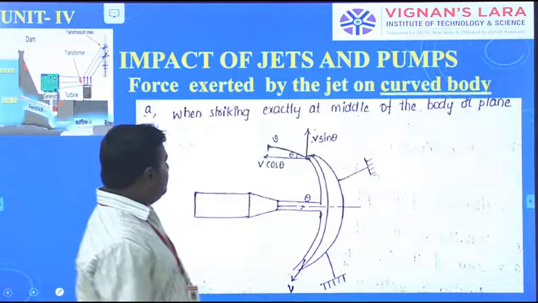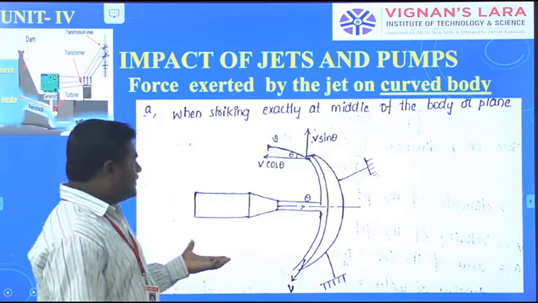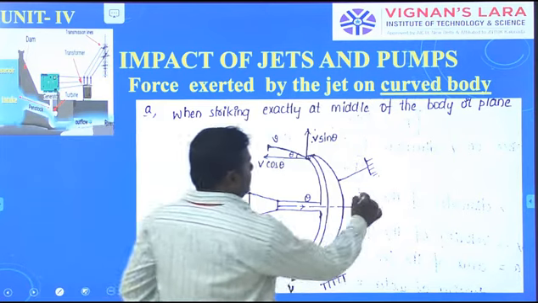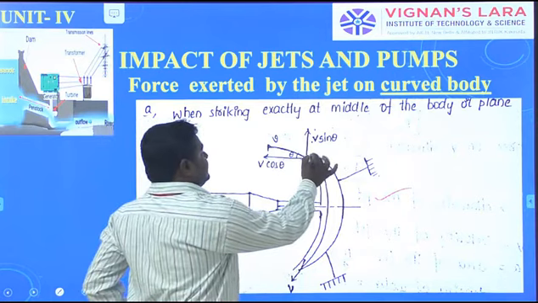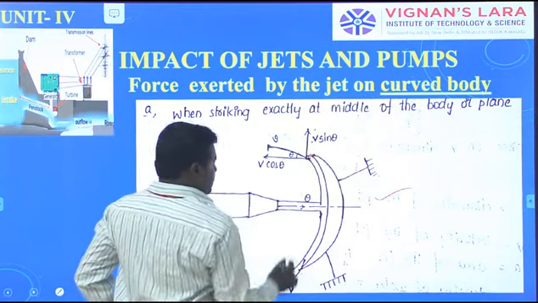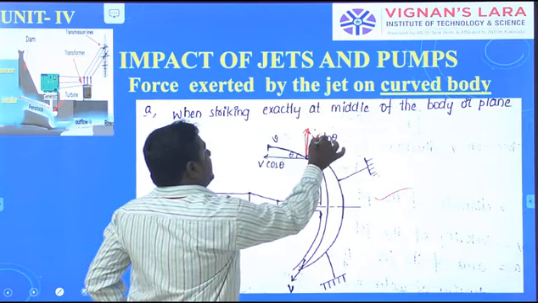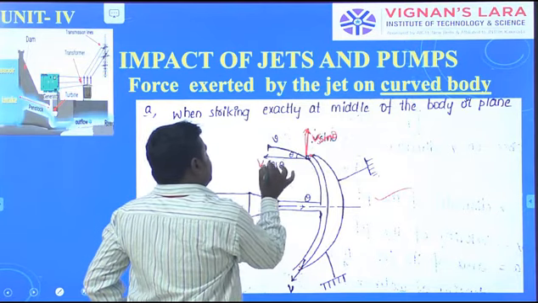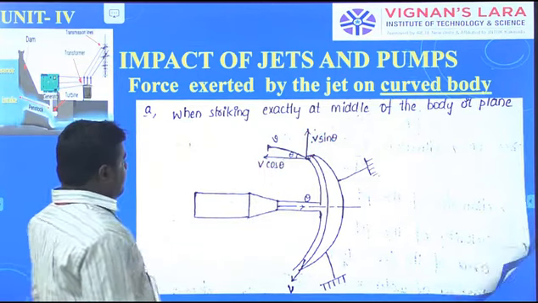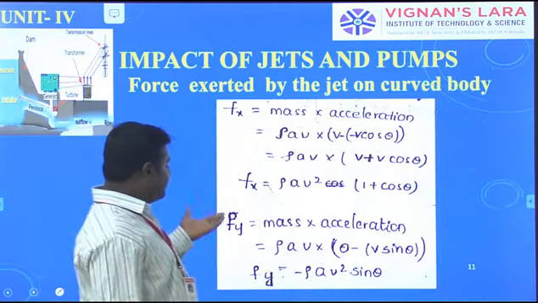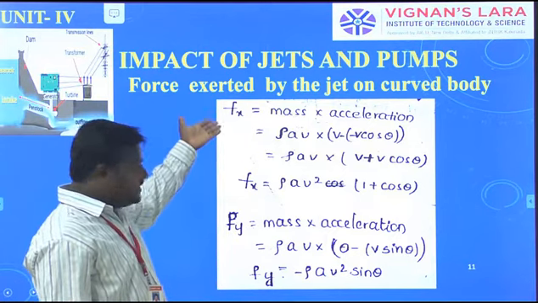Okay. Then the force exerted by the jet on a curved body. This is the curved body, and this point is the vertex. At this vertex we have V sin theta and V cos theta. Then this is the Fx value; in the previous slides we also wrote these formulas.